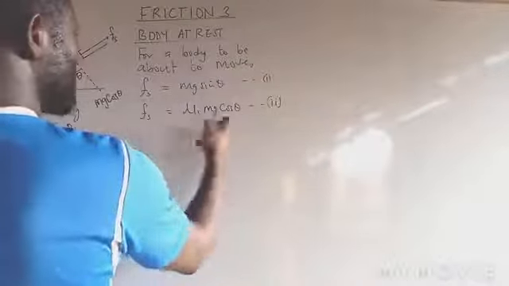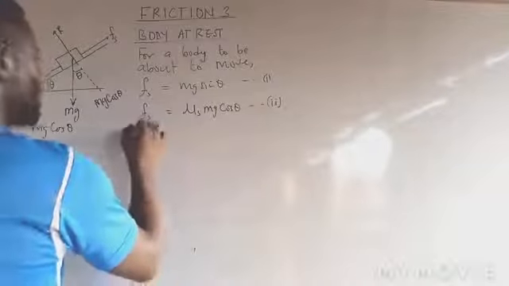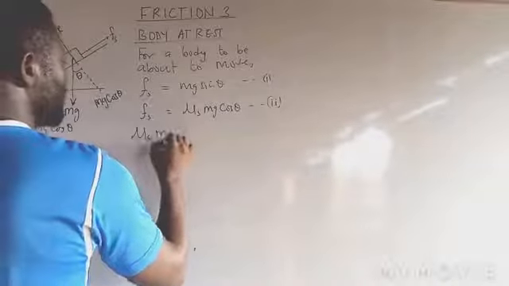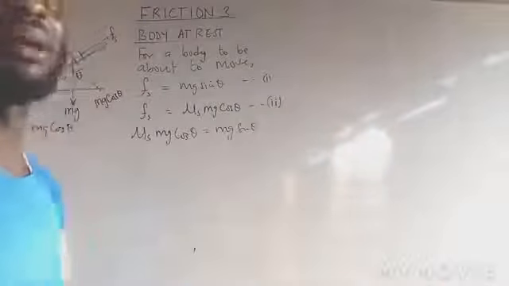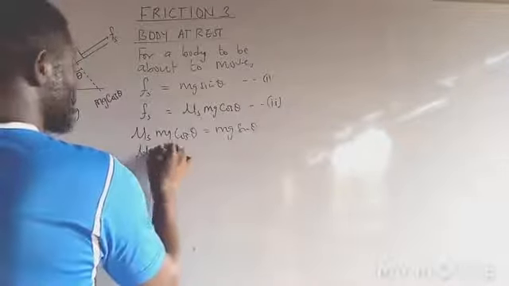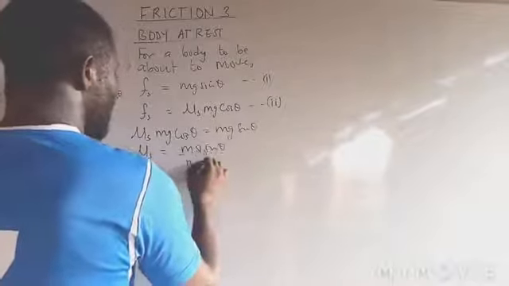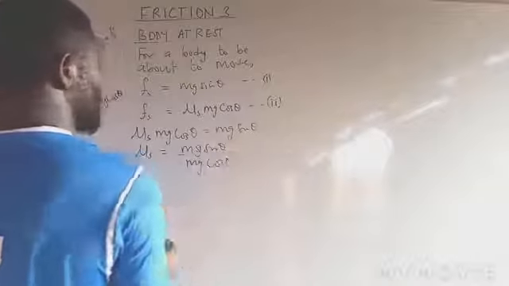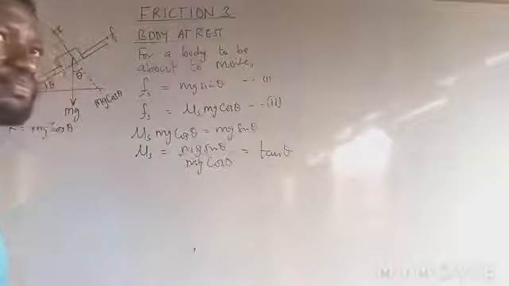We equate the two: mu S mg cos theta is equal to mg sine theta. In that case, mu S is equal to mg sine theta over mg cos theta. This will cancel this, and we have mu S to be tan theta.